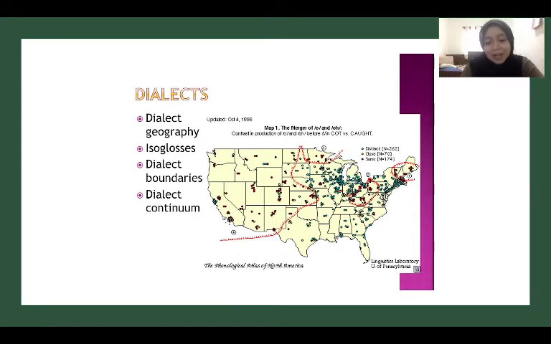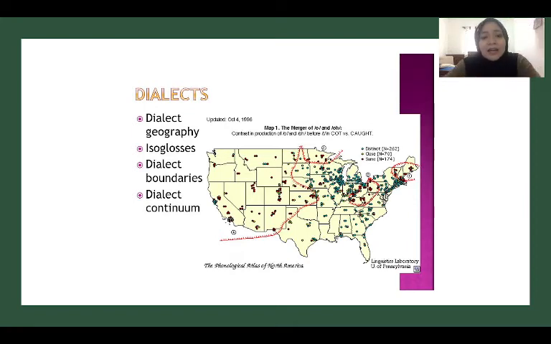Isogloss is the line that separates the two dialects, and then dialect boundaries, once the isogloss is identified, then we can see the dialect boundaries, whether it be north or south.